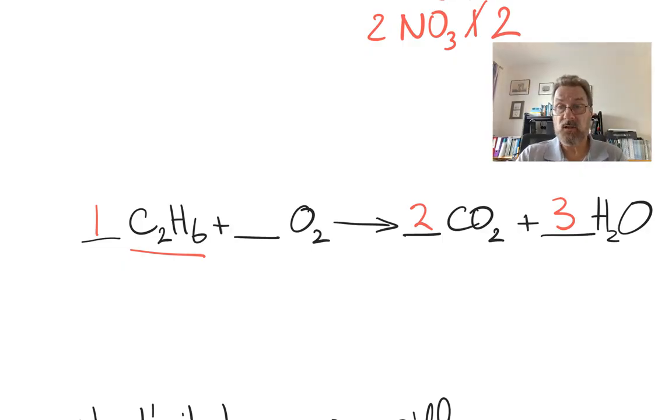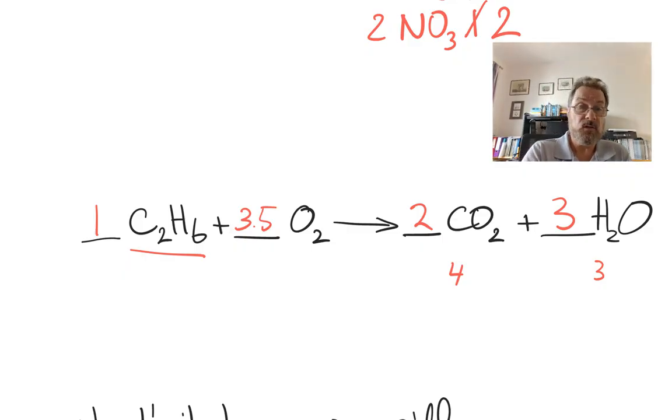Now, if I add up all my oxygens, I have 4 from the carbon dioxide, and I have 3 from the water. So that's 7 oxygens together. That's 3.5 O2. That doesn't work because we always look for the lowest whole number ratio. However, mathematically, this will be 3.5, right?